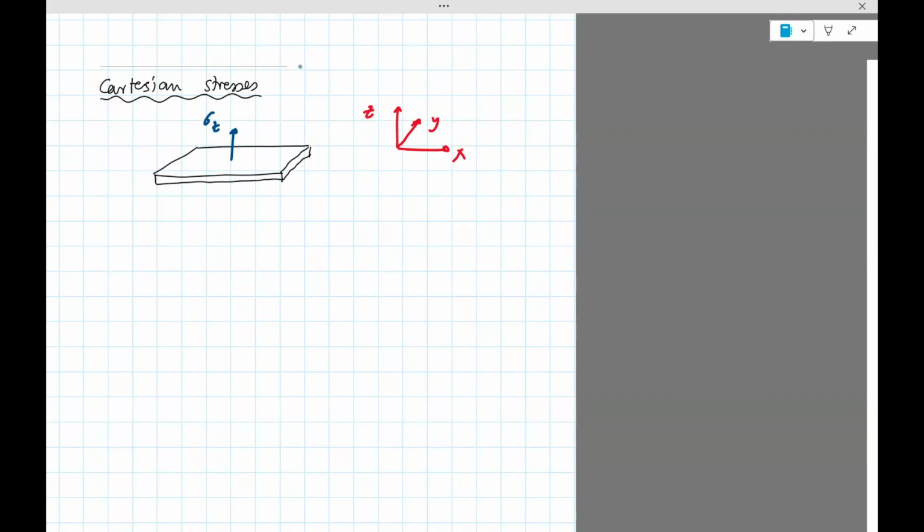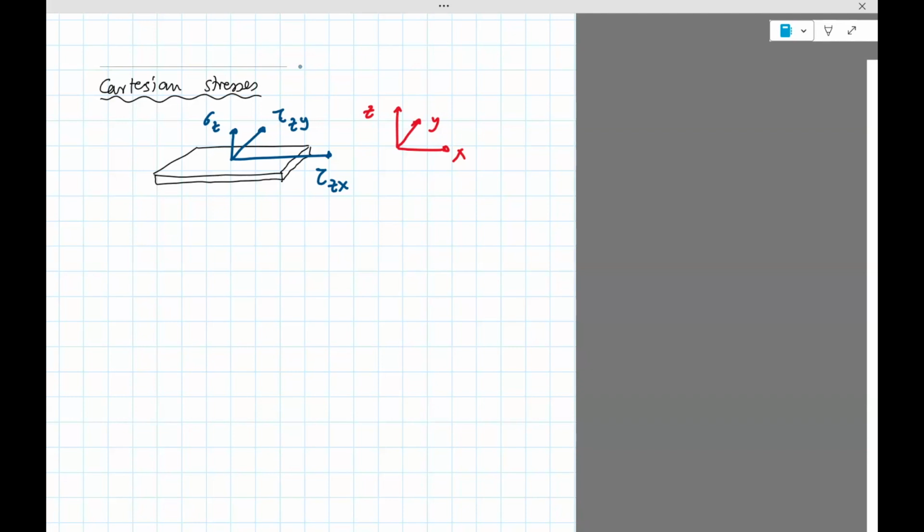So in this case, there's a normal stress, and there are shear stresses tau zy and tau zx. These are called Cartesian stresses because they are resolved along the x, y, z axes. You could also have polar stresses and so on, but here we're only interested in stresses best represented along the x, y, z directions.